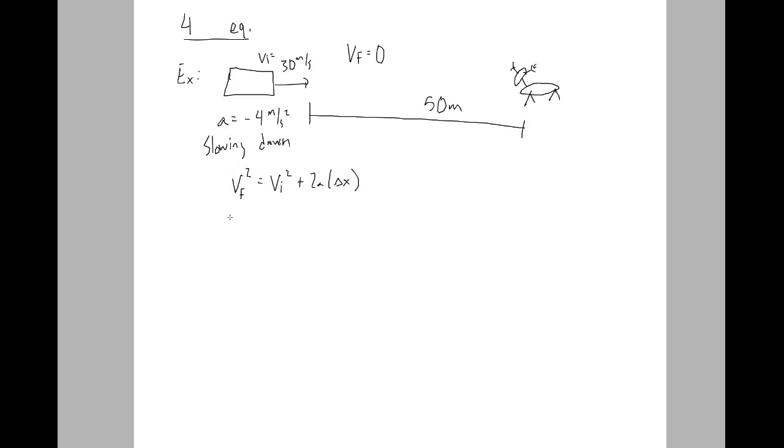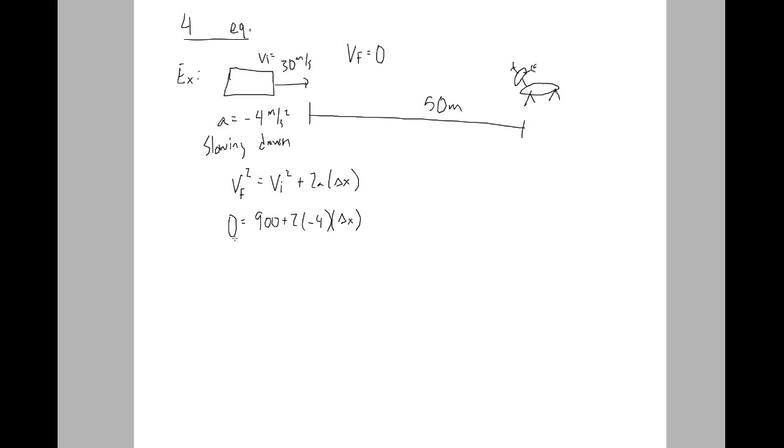So my V final squared is 0. My V initial squared is 30 squared, which gives us 900. So I've got 900 plus 2 times my negative acceleration, which is -4, times my delta x, and I'm looking for delta x.